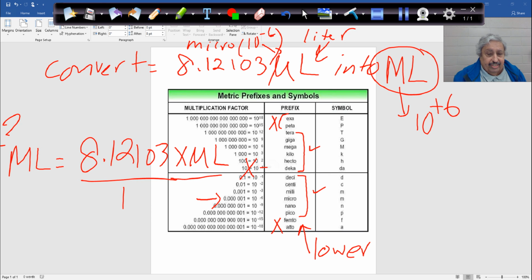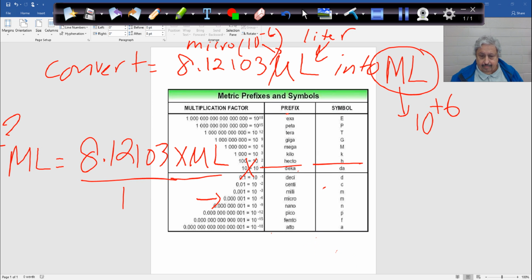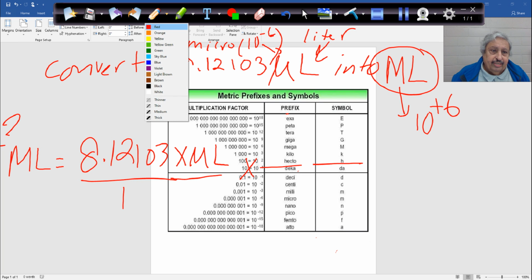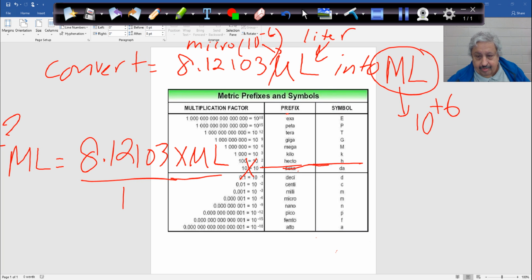And then we have to get rid of the macro. So we have to take the macro out. It's called mu liter or macro liter.